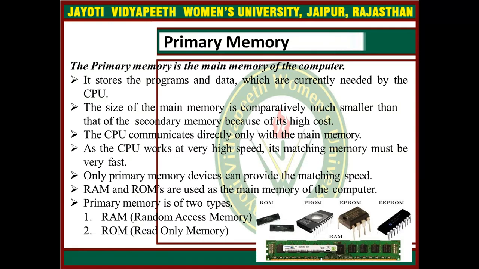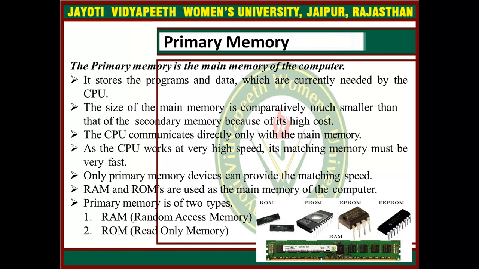The CPU communicates directly only with the main memory, and that's why we call it primary memory. As the CPU works at very high speed, its matching memory must be very fast, and only primary memory devices can provide the matching speed. RAM and ROM are used as the main memory of the computer, that is random access memory and read-only memory. So primary memory is of two types, RAM and ROM.